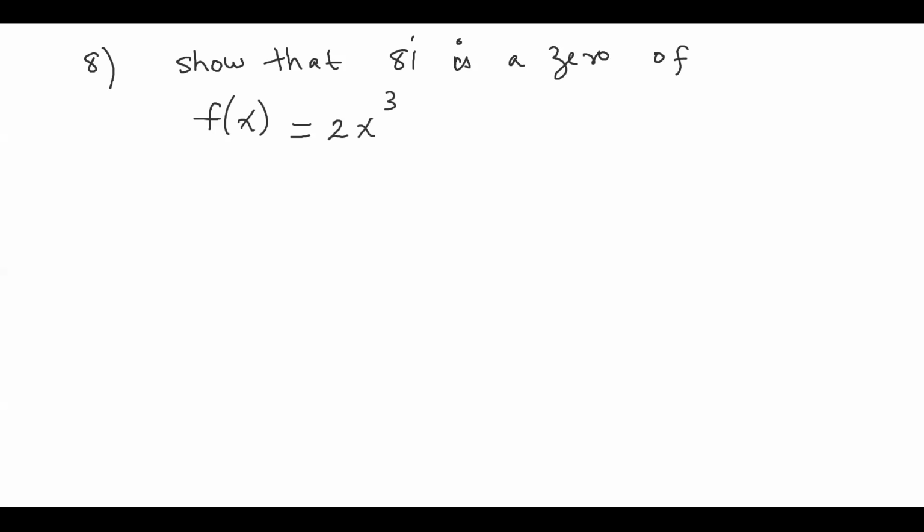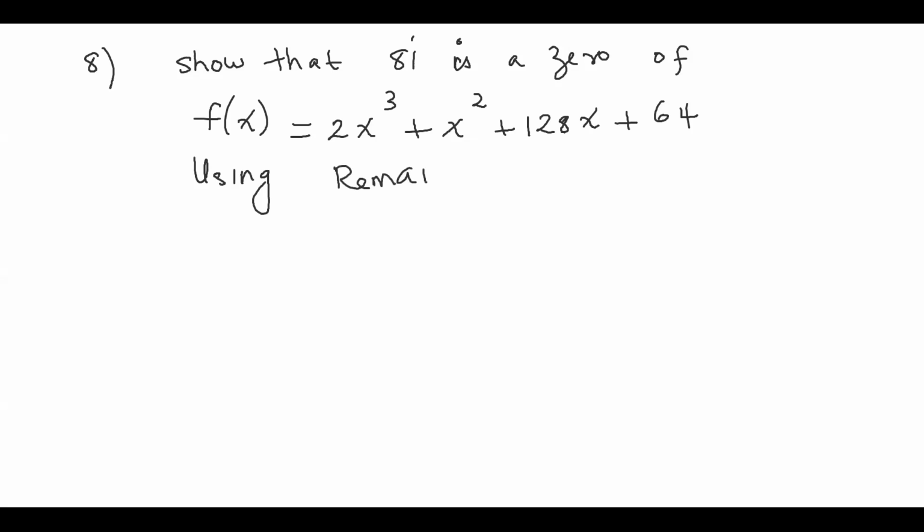We have to show that 8i is a 0, we already learned what 0 means, of f of x equals this polynomial given. We have to prove that 8i is the 0 using remainder theorem.